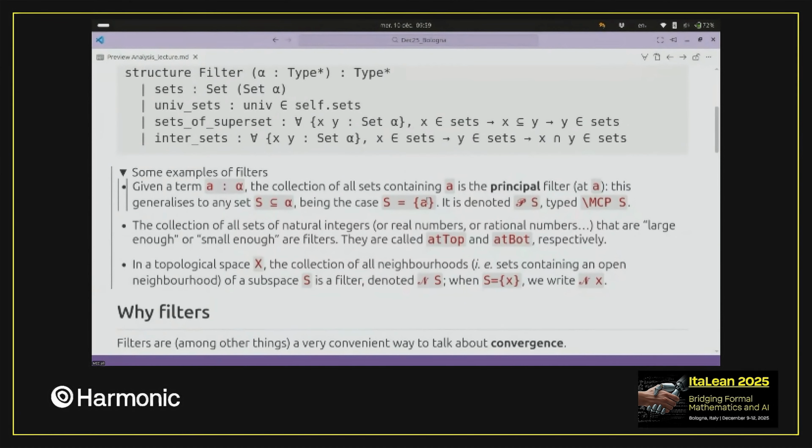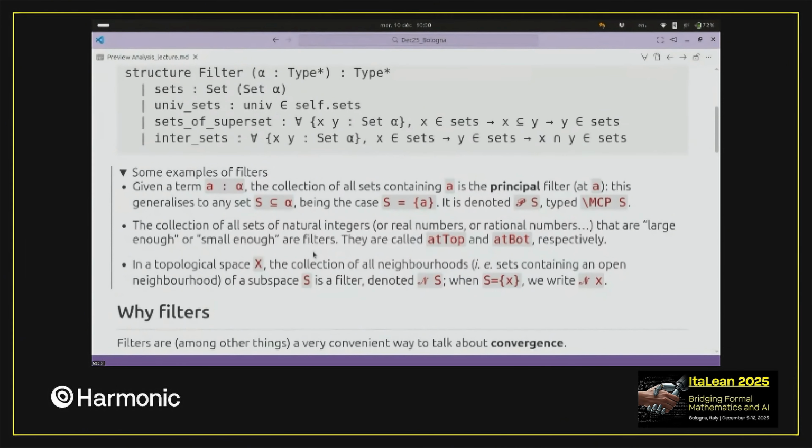So for every type which is endowed with an order structure. And the third, and probably the most useful case where you want to consider a filter, is if you're given a topological space. Then you can do something slightly different from the one I did at the beginning, which is considering all neighborhoods.